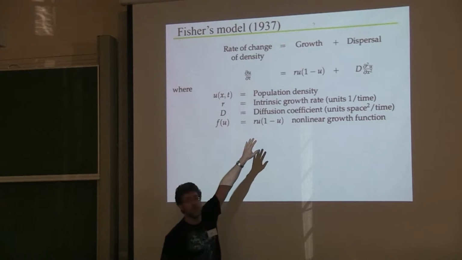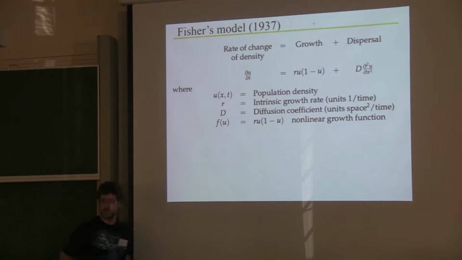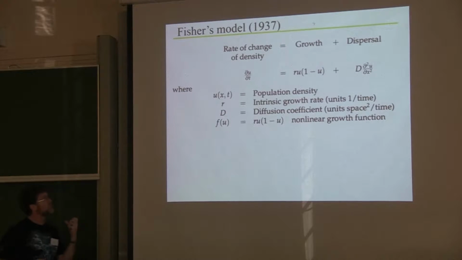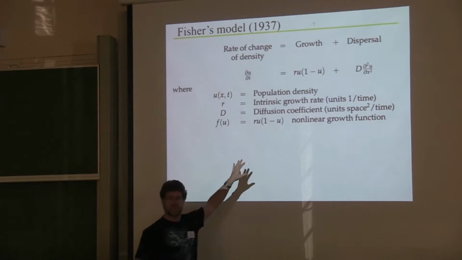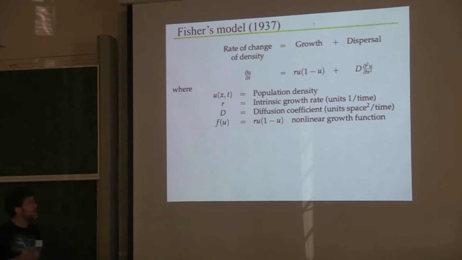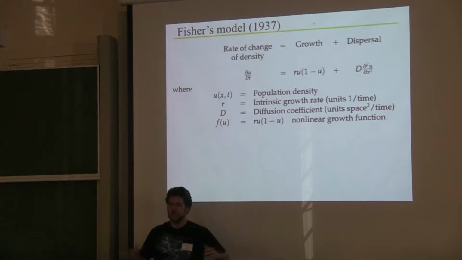And there's a growth term, which we think of as logistic growth. And then there's dispersal, which we can describe via diffusion. And so this is a partial differential equation. And we add this random motion, or diffusion, to logistic growth. And he thought about this in terms of the rate of spread of a gene into a new environment.